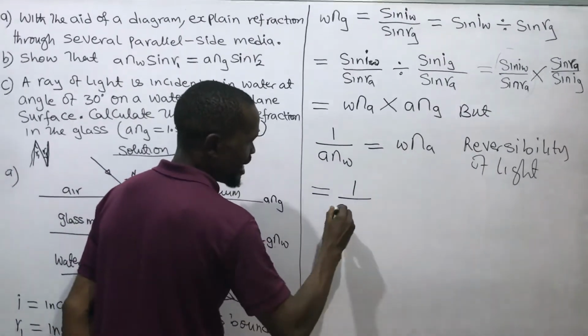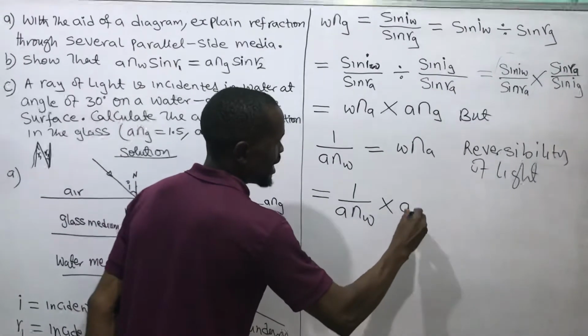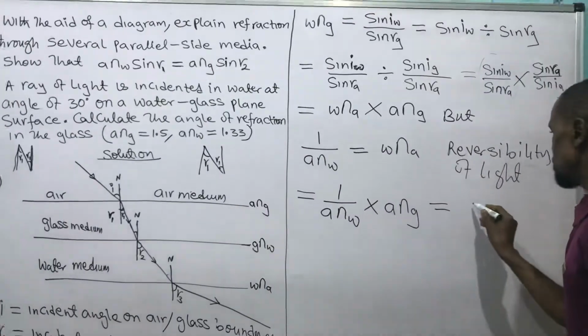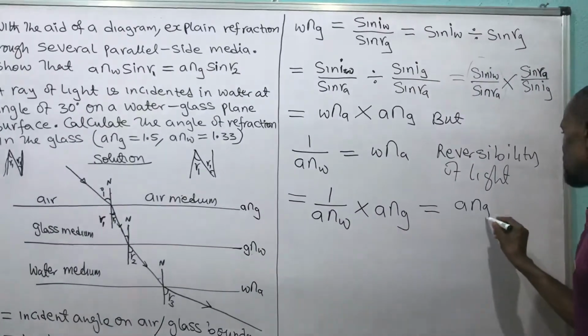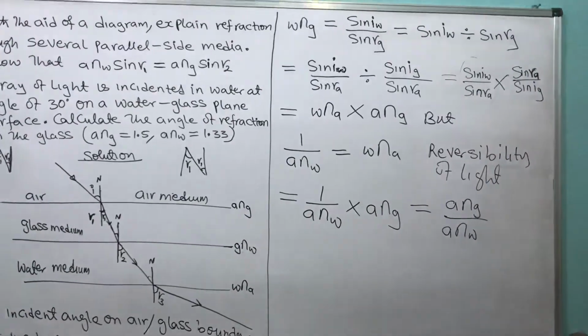1 all over A to water times A to glass. And that will land me to what? A to glass all over what? Air to water. Understood?